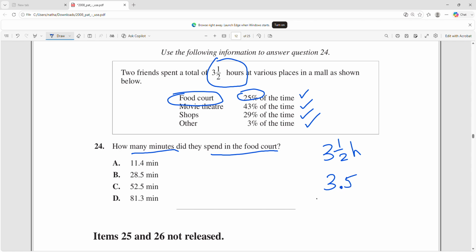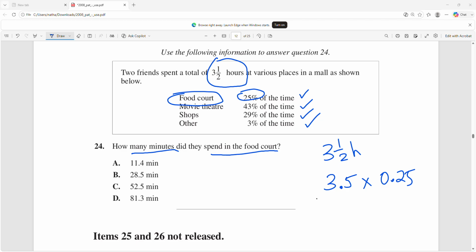We could say 0.5, right? So 3.5 hours times 25%. 25% as a decimal is 0.25. So let's go ahead and pull out our calculator. 3.5 times 0.25 equals 0.875.